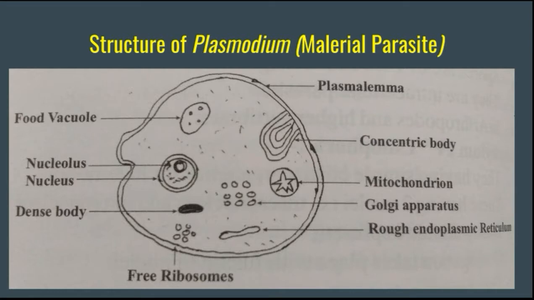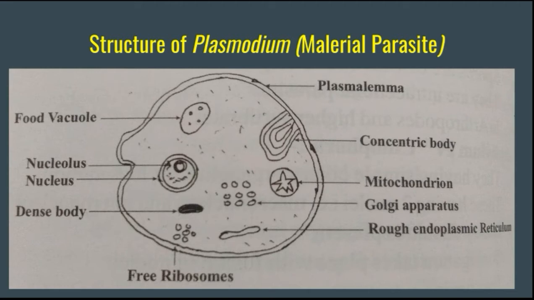Now today we will focus on the first topic of our syllabus, that is the structure of Plasmodium. You have seen here in the structure the outer double layer wall, which is called the plasmalemma. Another is a concentric body. Then mitochondria, the powerhouse of this parasite, as well as the Golgi apparatus.